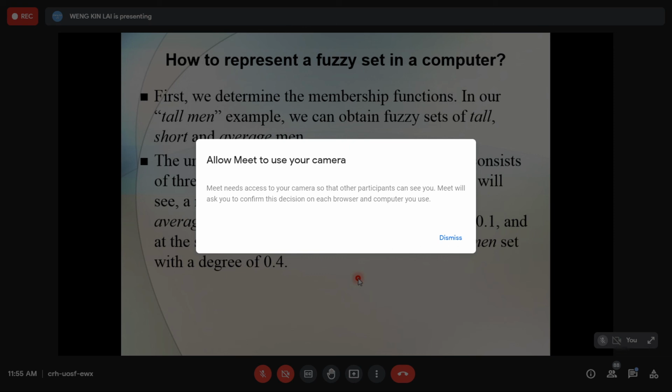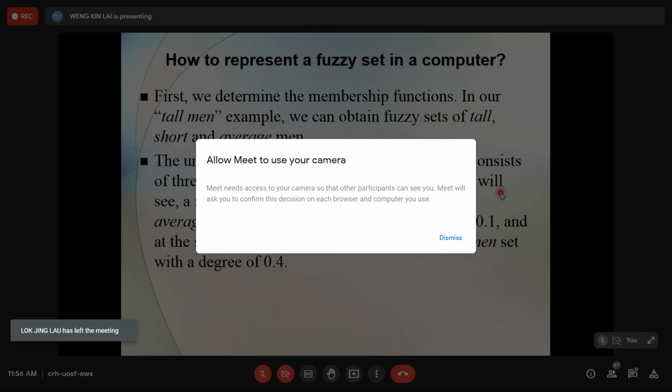In our example of tall man, we can obtain fuzzy sets of tall, short, and average. So we arbitrarily say I want only 3 fuzzy sets of tall, short, and average. The universe of discourse, the man's height, then consists of 3 sets: the short, average, and tall man.